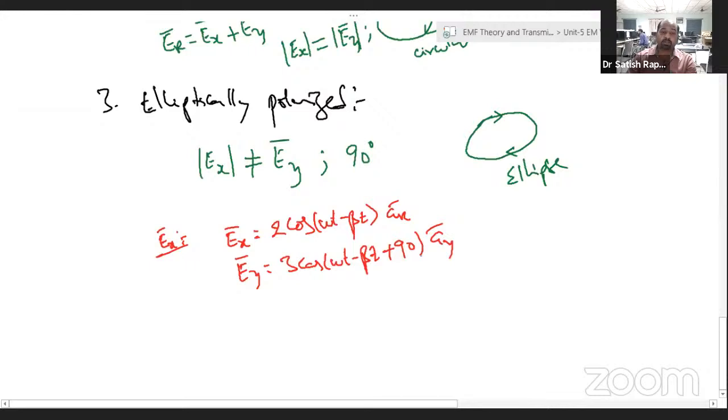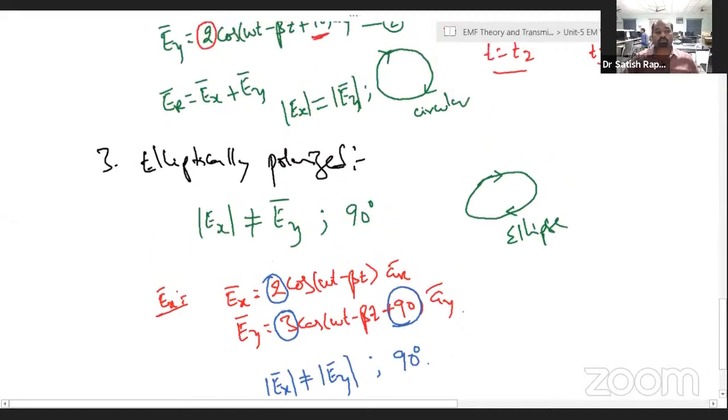Why? Here the amplitude is 2, and here the amplitude is 3. So the amplitude of Ex is not equal to the amplitude of Ey, and they are out of phase by 90 degrees. Then the wave is elliptically polarized.